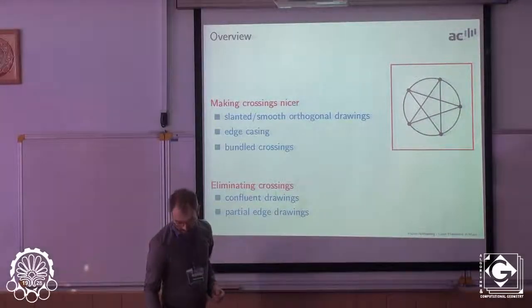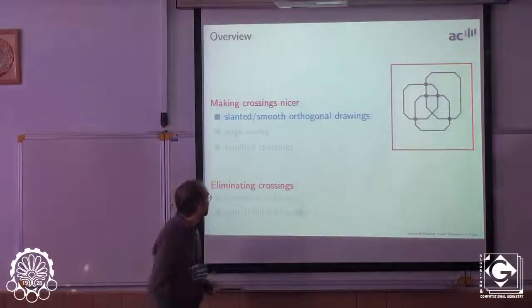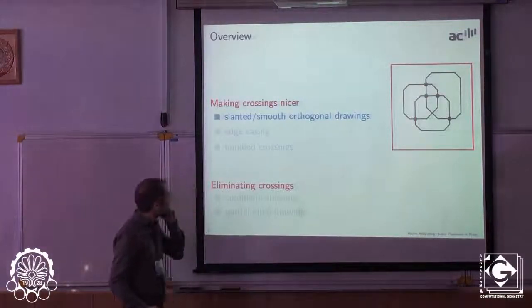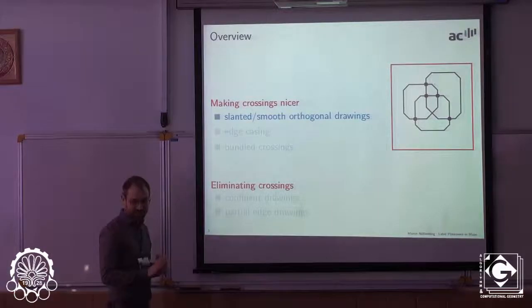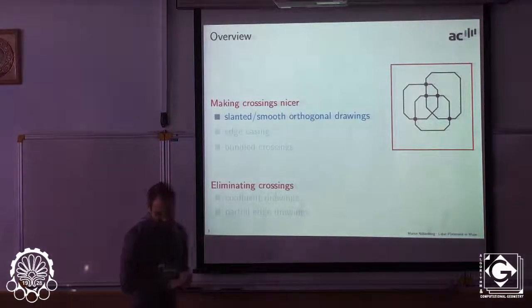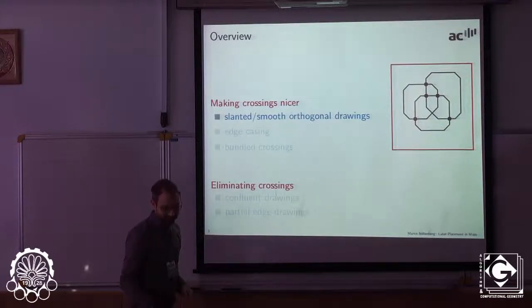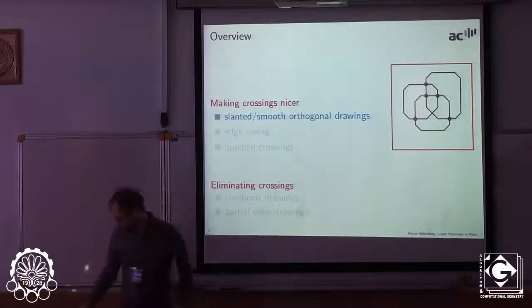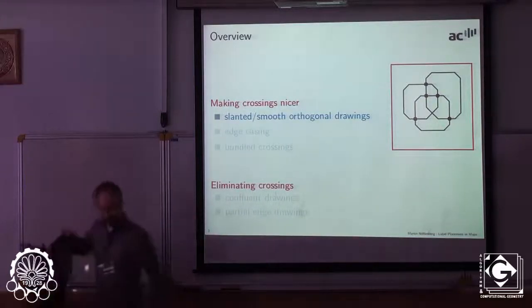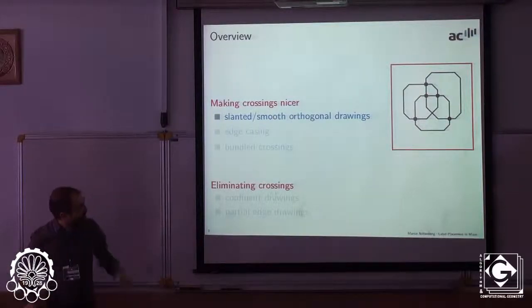The first layout style is so-called slanted or smooth orthogonal drawings. You also remember from, I think, the second lecture where we talked about schematic layout of graphs and orthogonal layouts, that we have seen many graph layouts that are almost like that one. If you forget about these small, short diagonals, then these look almost like orthogonal drawings.